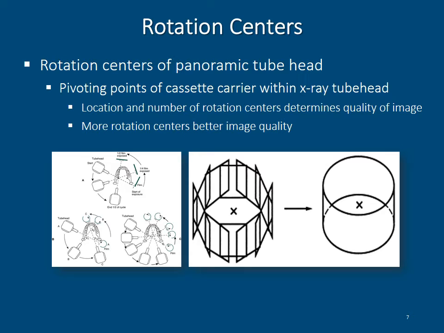These are creating more and more images, therefore there will be more pictures taken to create the panoramic image. These machines are much more expensive, but the quality in the radiograph is much better.